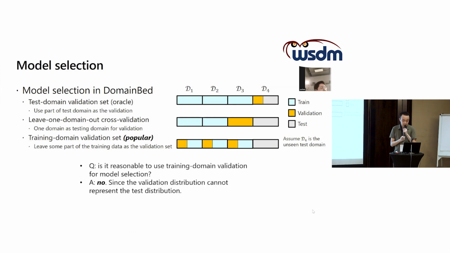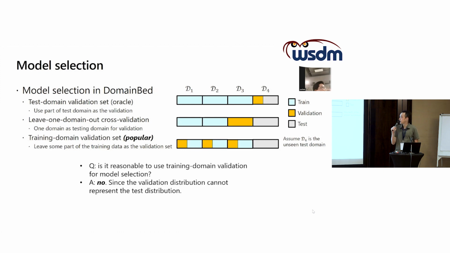And also, it's quite common to ask whether it is reasonable to use this training domain validation for model selection, just as in our common machine learning tasks. Based on the training data, we can reorganize the dataset into training and testing.